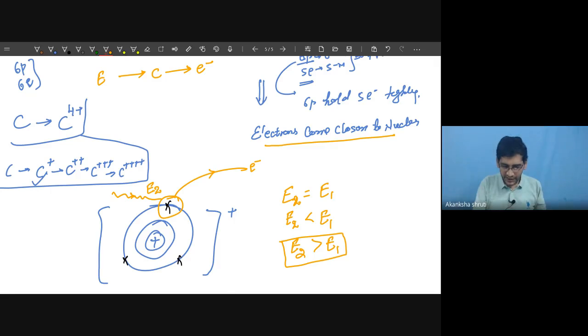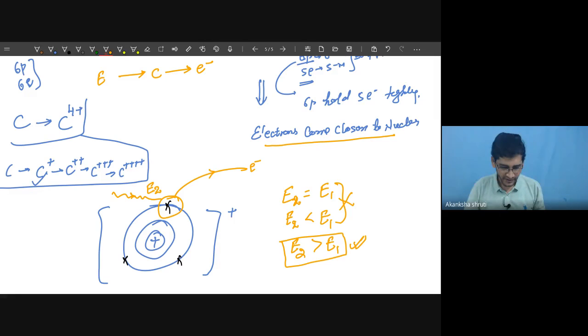These three electrons are now held by the nucleus very tightly because it has already lost one electron. So more energy is required to remove the second electron from the C plus. So this is the correct one, and these two are the wrong ones.